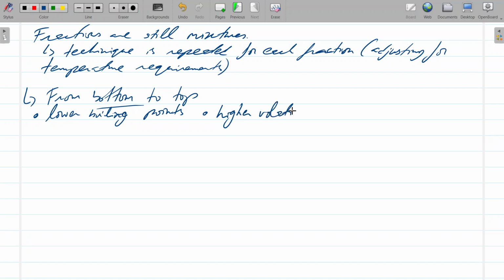So again, it will give off fumes if it's left in the open. So higher volatility.